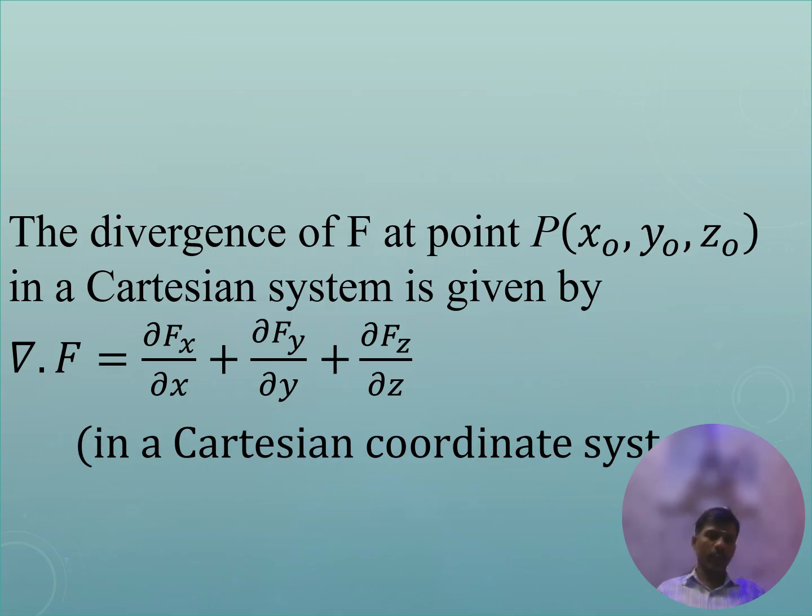Hence, del dot F is equal to dou F1 by dou x plus dou F2 by dou y plus dou F3 by dou z. This is in the Cartesian coordinate system. So this is the main theme of the Gauss divergence theorem.